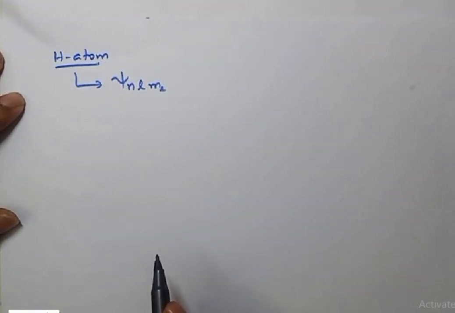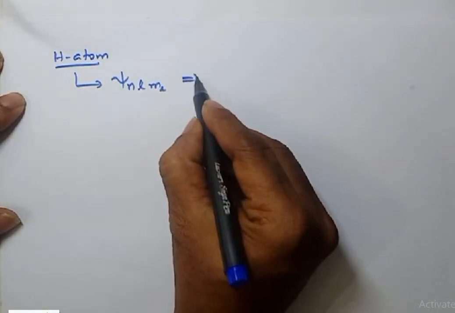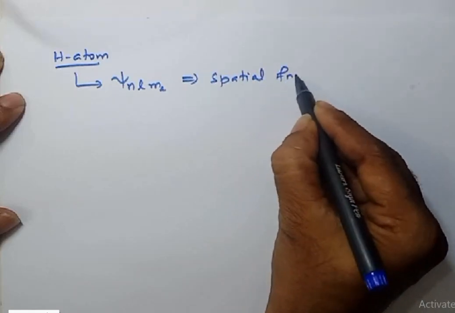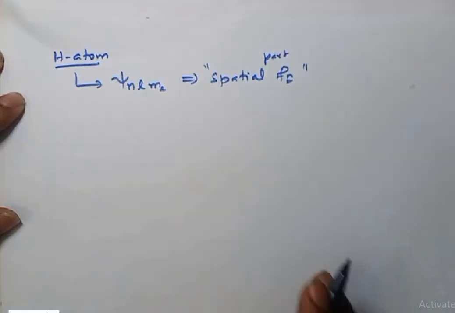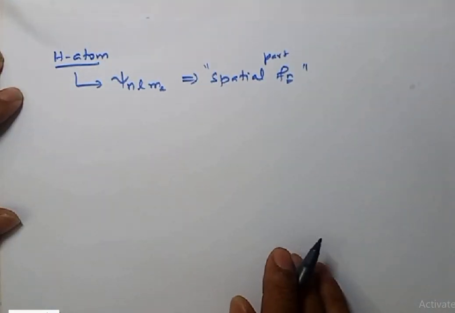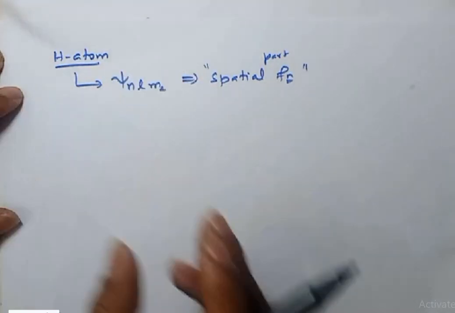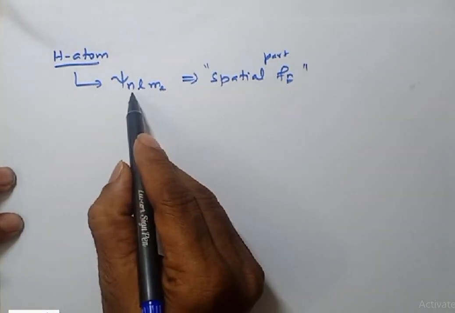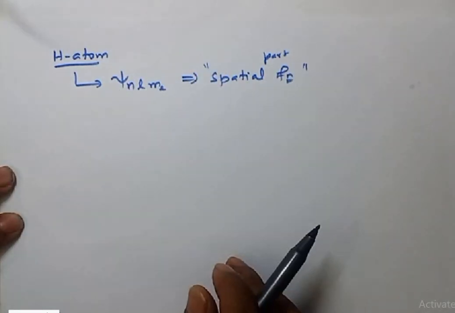We call this type of wave function the spatial part of the wave function.